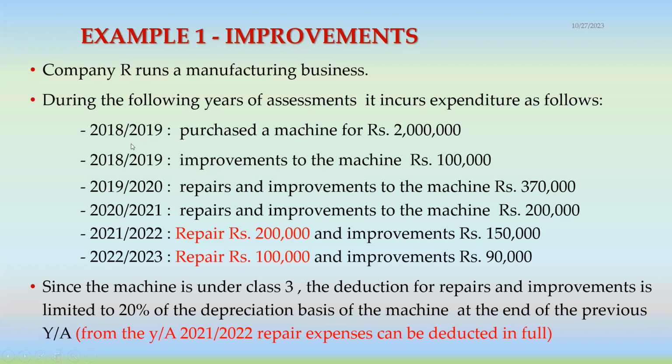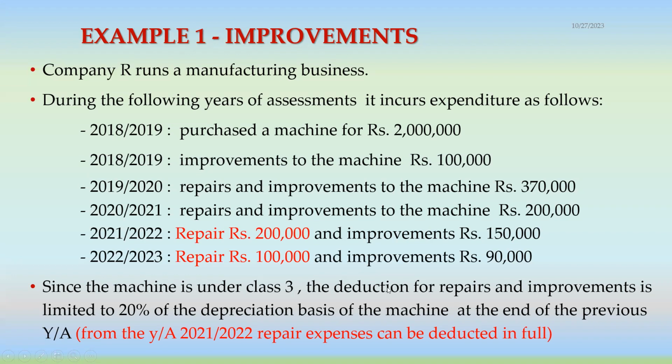So in the year of assessment 18, they purchased a new machine. And the next important thing you should know, we can apply this section 14 only to the assets purchased after 2018 April 1st. What is the reason for that? Because that is the date that this new act took effect. That means from the year of assessment 18.